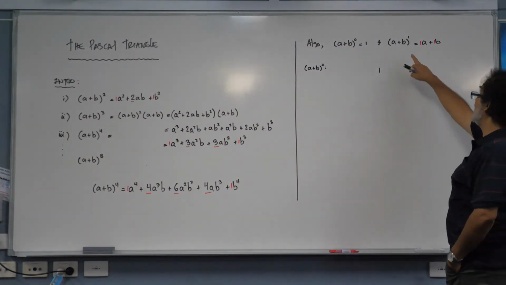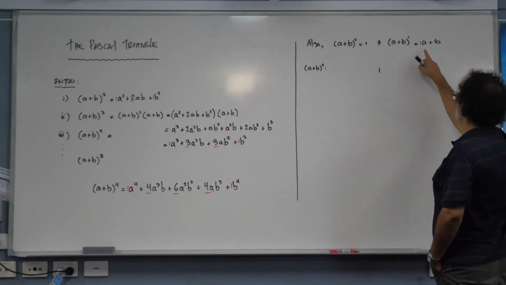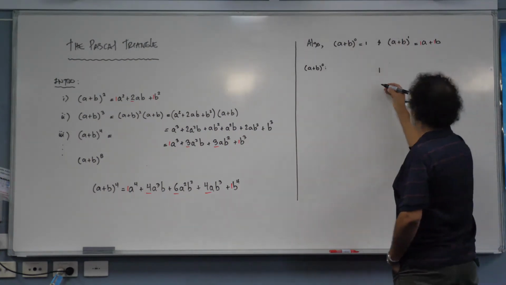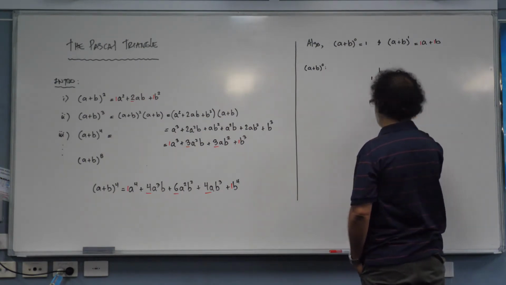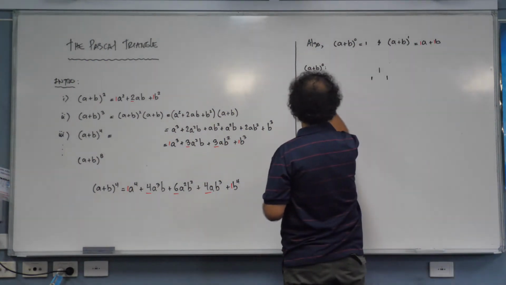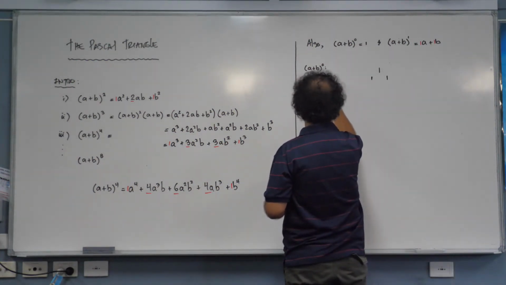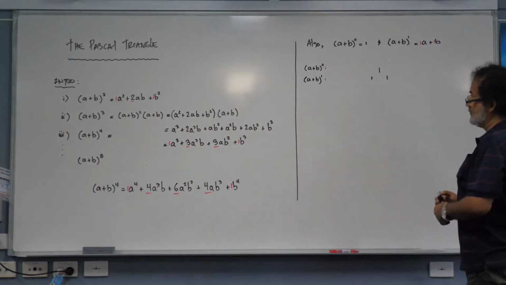And then the next expansion, if you go from 0 and then 1, the next one will have 1 and 1. So we're going to put 1 here and 1 here. This is the coefficient coming from (a plus b) to the power of 1.